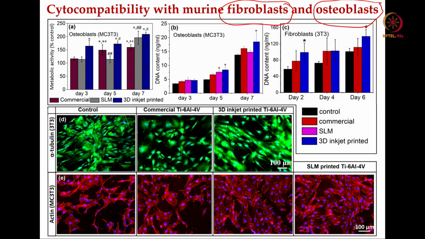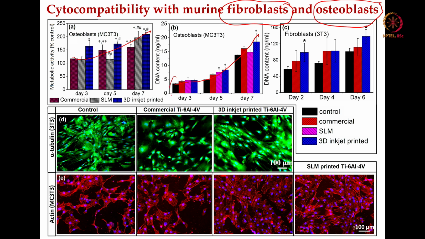What we found is that MC3T3 osteoblast cells are able to grow in a very linear manner from day 3 to day 7, and DNA content also increases.